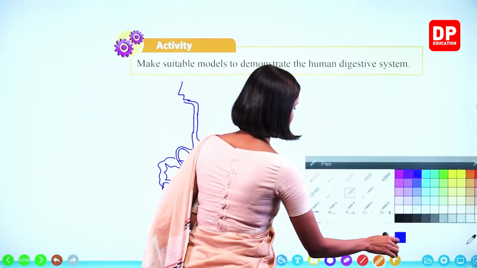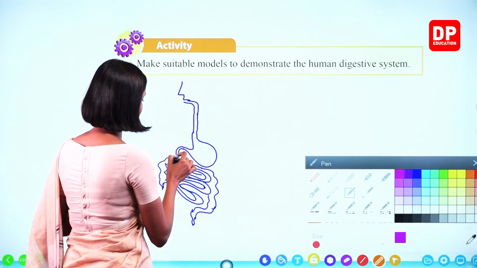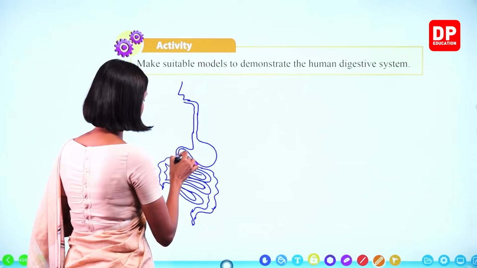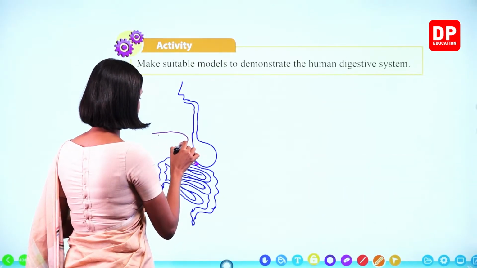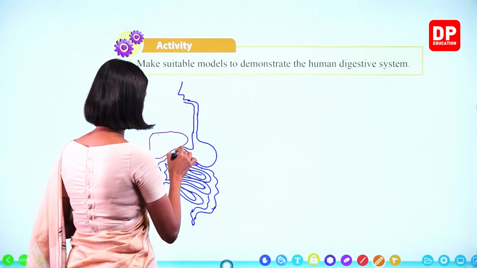Apart from that, what else is there? The pancreas, the leaf-like structure, the liver, and the gallbladder.